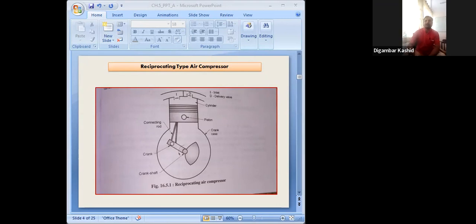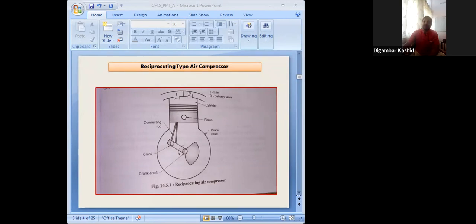When the pressure of the air inside reaches above the pressure of the delivery side, which is connected to the receiver, the outlet valve opens and air is delivered through this delivery valve.